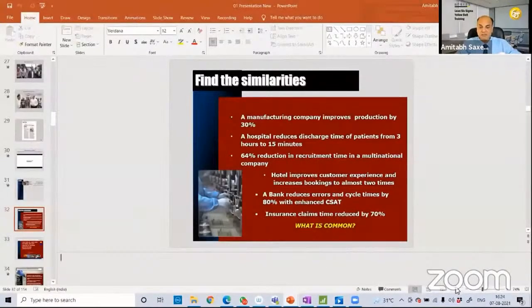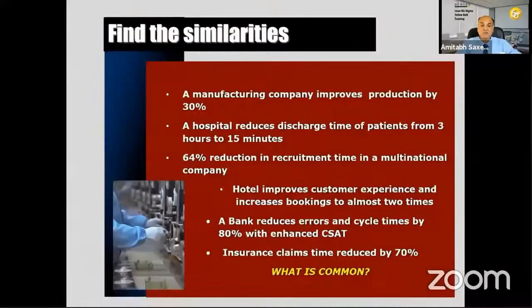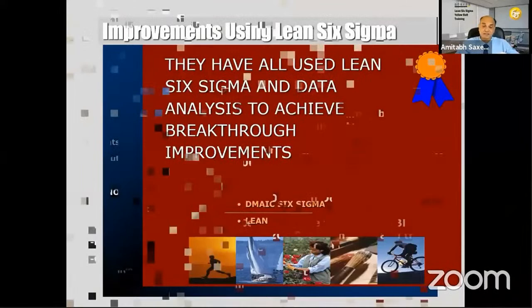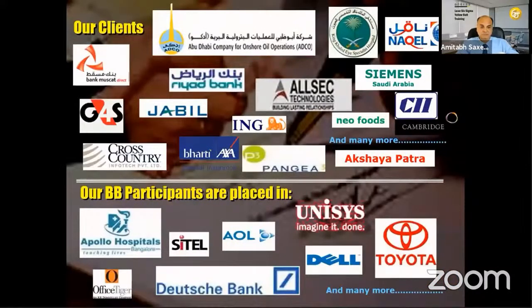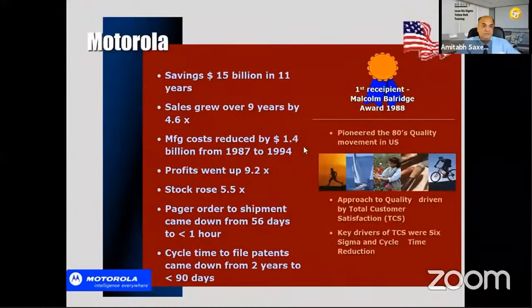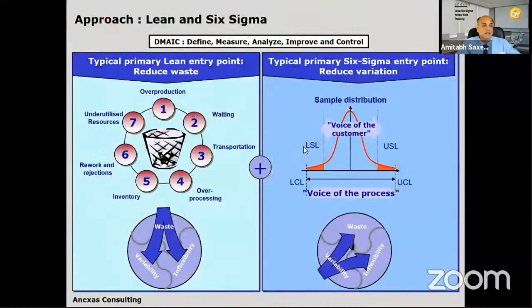So if you were to ask me in 3 to 4 sentences, what is Lean, what is Six Sigma? In that case, Lean is about mapping the process by doing a Gemba investigation.